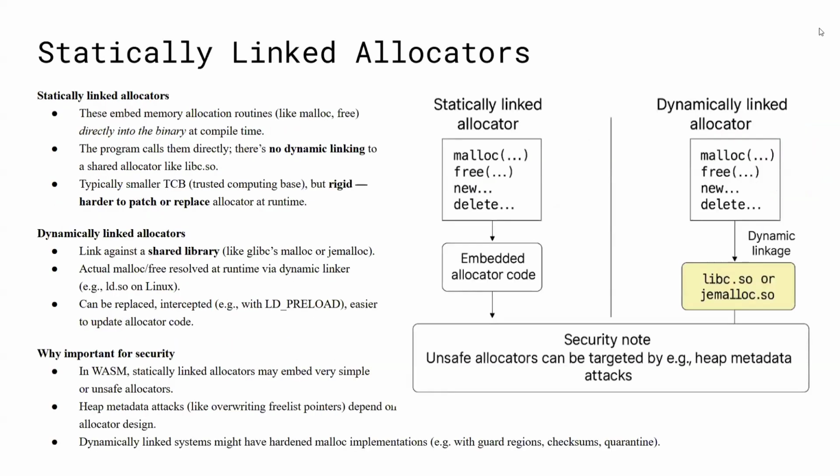And the other one is the statically linked allocators. When you're initializing a module, you're allocating a particular region of the linear memory. WebAssembly has to be quick and performant, close to the machine code, so it has statically linked allocators.